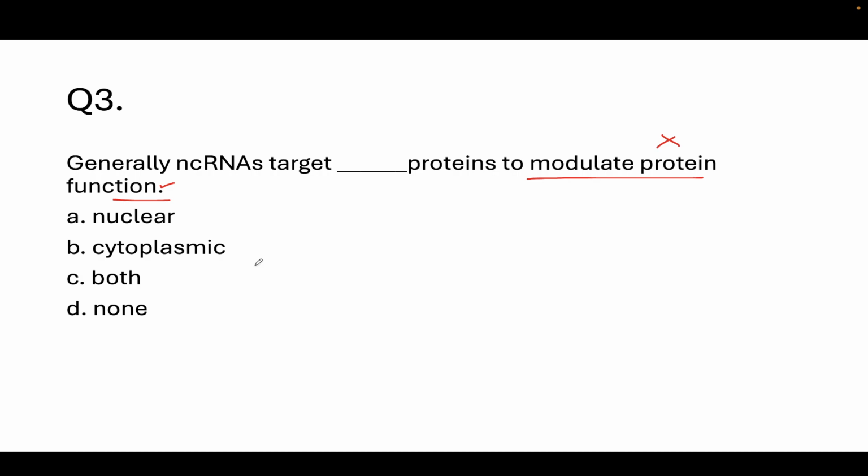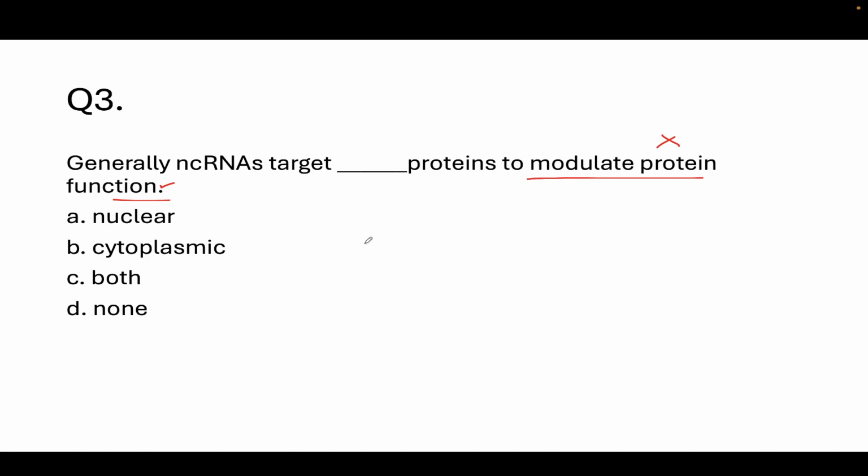See, the central dogma is replication, that is DNA to DNA, then transcription, that is DNA to RNA, and then RNA to protein, that is your translation process. And here we are talking about protein function modulation. That means we can easily do it when we modulate the gene expression.